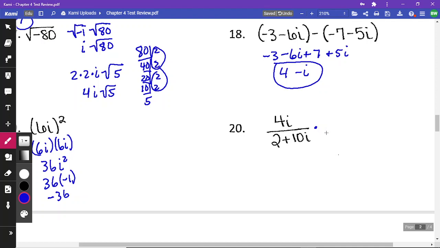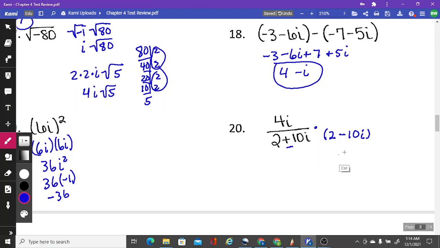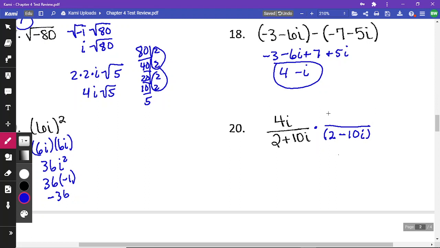The imaginary part will be gone. And that number is just, in this case, 2 minus 10i. Okay, so it's because that was plus, we use minus. If that had been minus in the denominator, we would make it plus in our conjugate. So we multiply numerator and denominator times that.